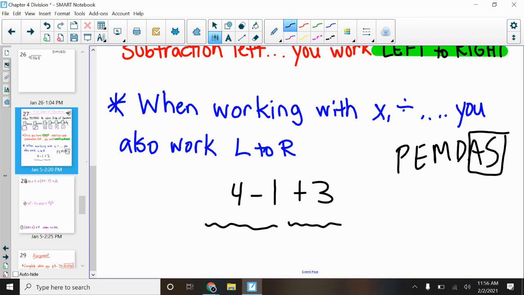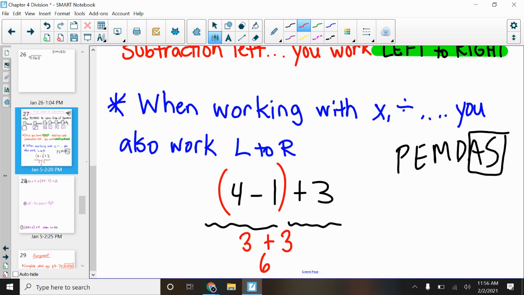When you get to that pair, you work whatever's on the left. In this example, as Dominic told us, the subtraction is on the left, so this is what I'm going to do first. What's 4 minus 1? 3. Plus my extra 3 gives me 6.